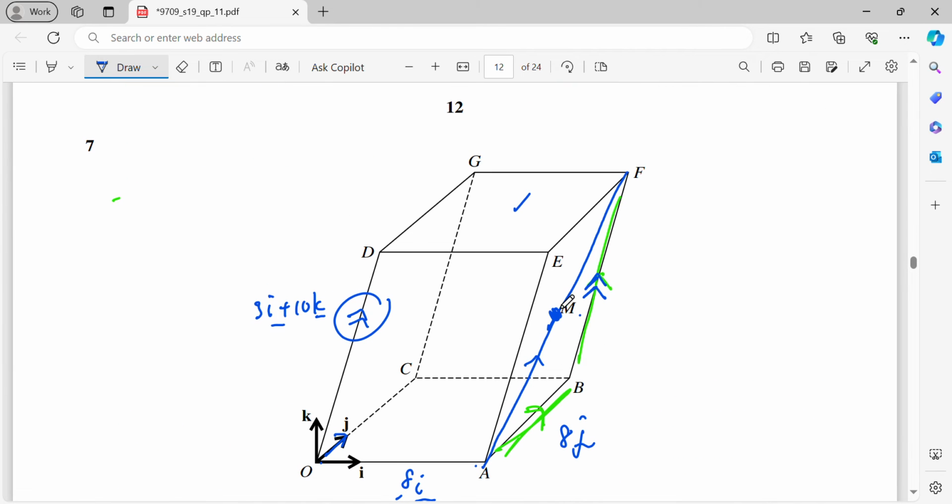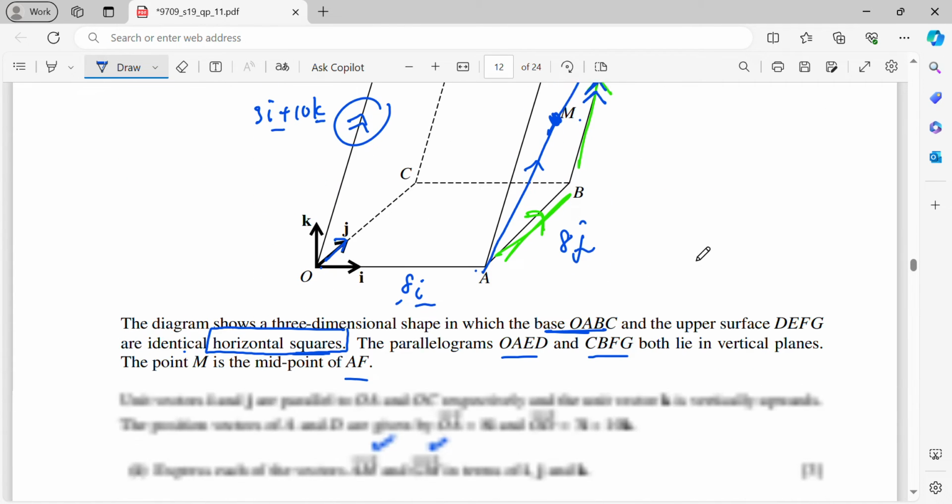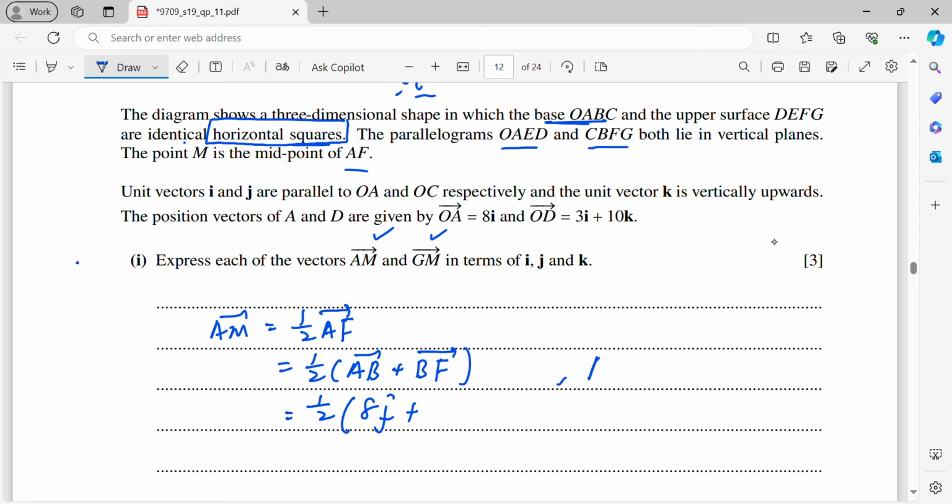BF is parallel to OD, right? So here you can just write BF is parallel to OD. Therefore, BF is same as OD, which is 3i plus 10k. So here I will just replace 3i plus 10k.